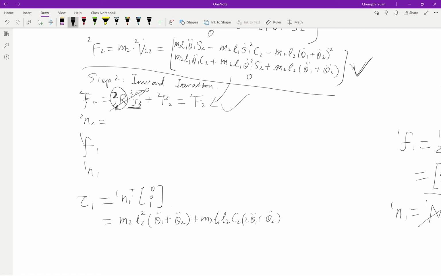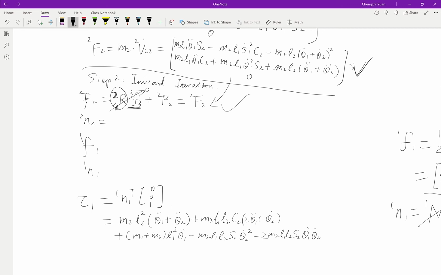And then plus M1 plus M2 times L1 square theta 1 double dot, minus M2 L1 L2 S2 theta 2 dot square, and then minus 2 M2 L1 L2 S2 theta 1 dot theta 2 dot.